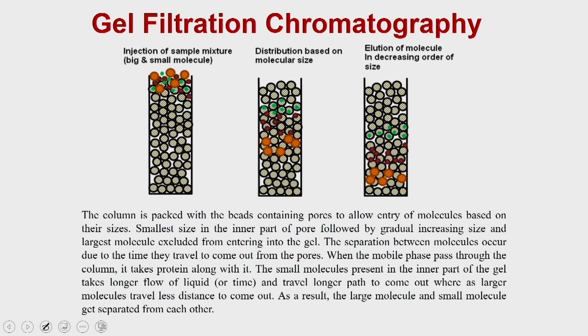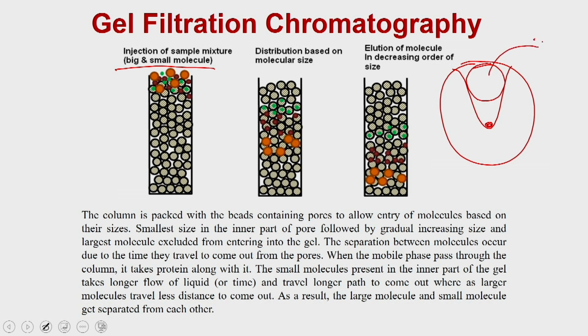So, because of this, if you inject big or small molecules into a gel filtration matrix, what will happen is that these matrices have funnel-shaped pores on the surface, and because of that the small molecules are going to sit at the bottom of this pore, whereas the big molecules are going to sit on the top of this pore, and as a result when they elute, this molecule is going to elute first and this molecule is going to elute at the end.